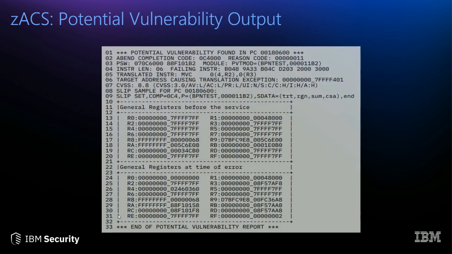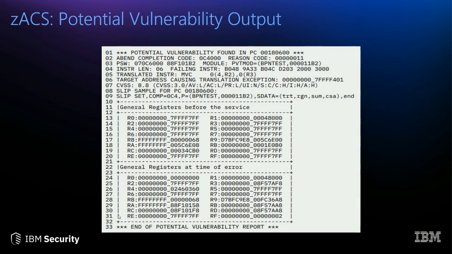Okay. And this is an example of potential vulnerability output. As you can see, in line 1, there is the service number where the potential vulnerability was detected. And then line 2 indicates the 6-digit abend code, which allows for user abend when applicable.